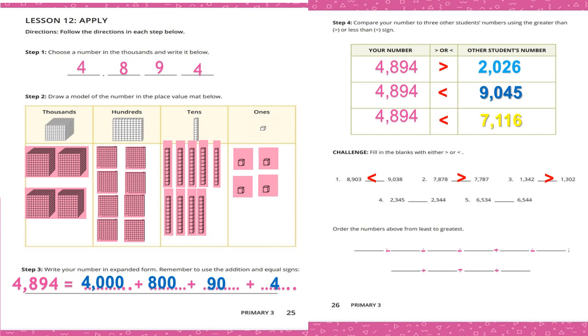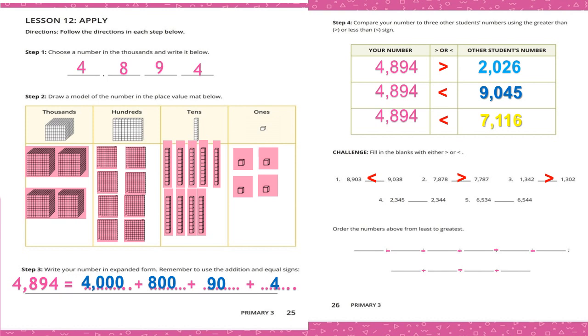Number 4, 2,345 and 2,344. Then look at the number on the left, the number in the thousand. We have here 2,000, also we have here 2,000. 300, 300. 4 in tens, also 4 in tens.